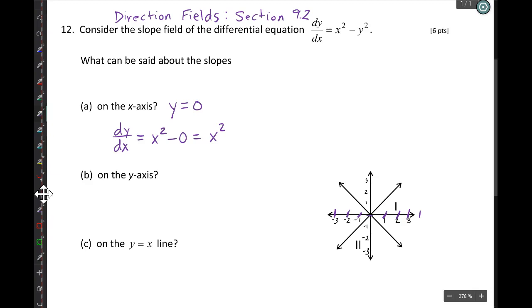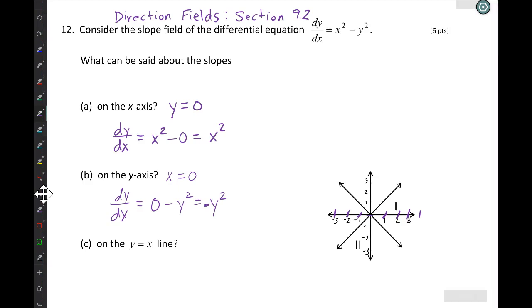If we look on the y-axis, where x is equal to 0, dy/dx would then be 0 minus y squared, so the slope is going to be negative y squared. You guys, if we were in class, you would catch me on that. So on the y-axis, when y is 1, 1 squared is positive 1, but since we have that negative in front, I'm going to have a slope of negative 1.